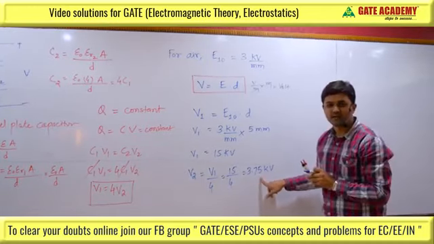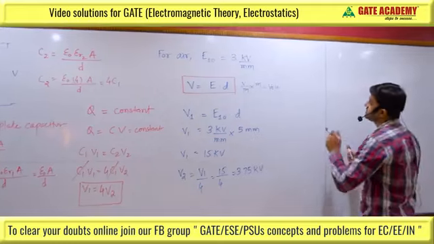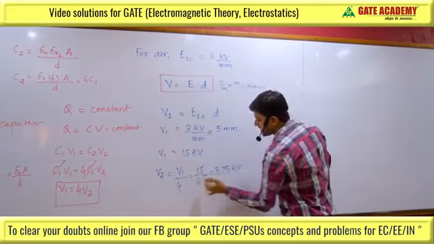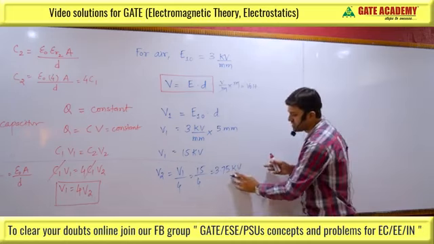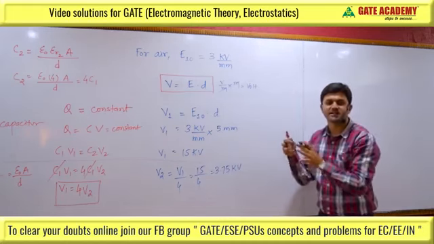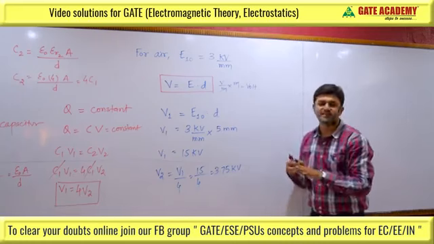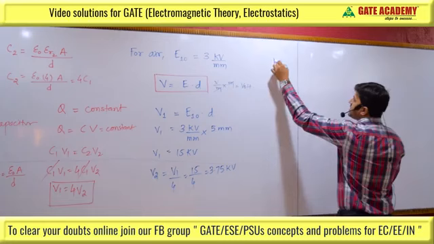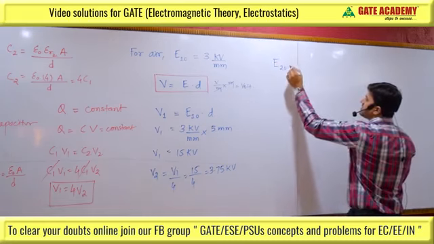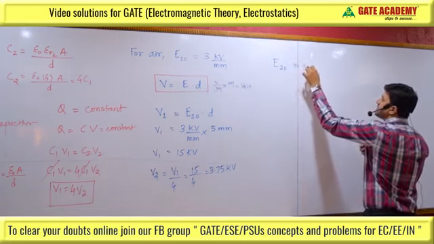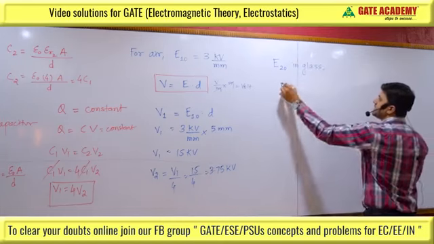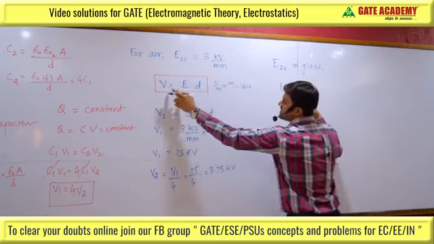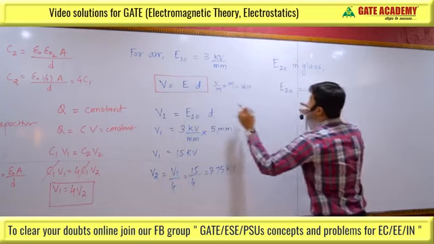Now if the voltage applied across the glass is 3.75, then what should be the electric field in that region? So electric field E20 in glass will be, from this relationship, electric field is voltage divided by distance.